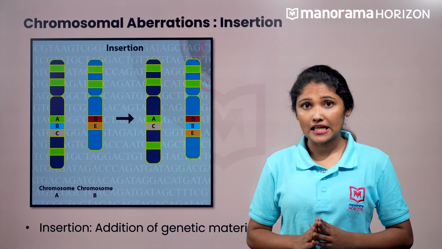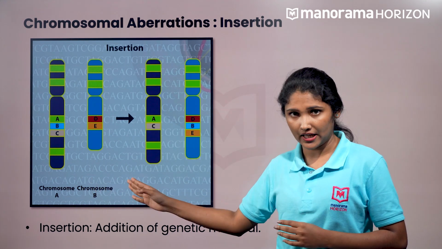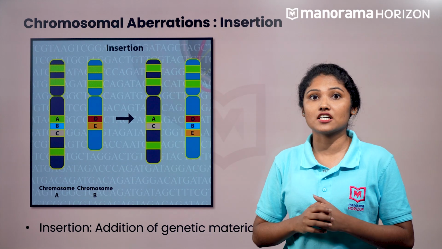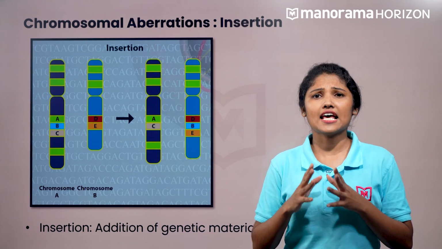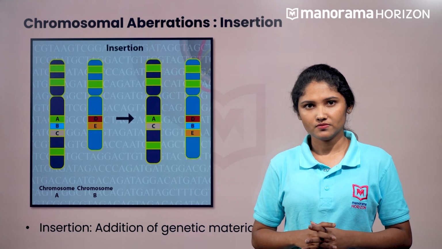The segment B from chromosome A has been added to chromosome B. So, chromosome B has undergone insertion mutation here. So, what is insertion? It is the addition of genetic material to a chromosome.